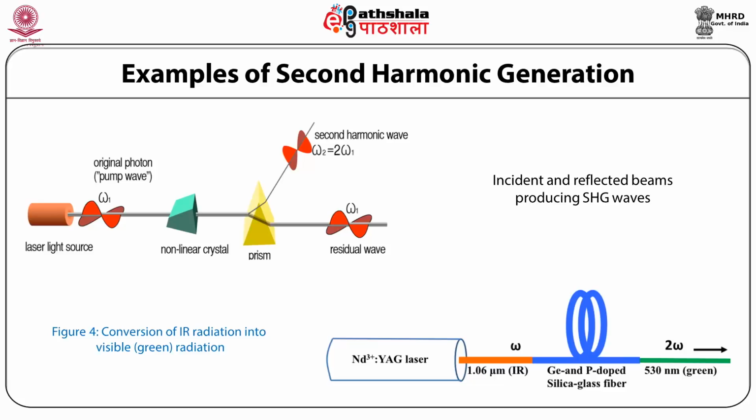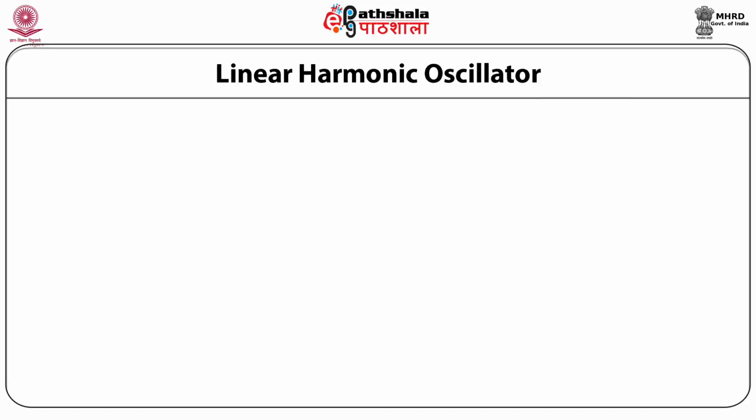This Nd:YAG laser operates in the near infrared at a wavelength of 1060 nanometer. Second harmonic generation is routinely used to convert the wavelength of the radiation to 530 nanometer.